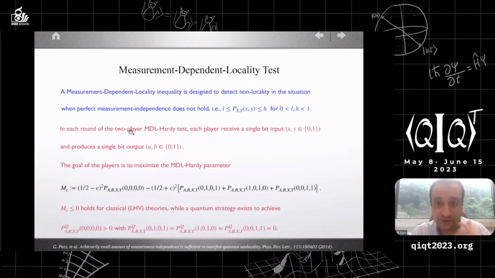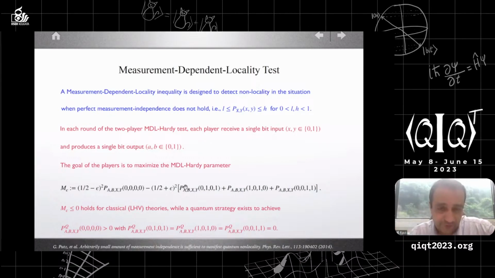So in each round, each player receives a single bit input x, y in {0, 1} and produces a single bit output a, b in {0, 1}. And the goal of the players is to maximize this MDL Hardy parameter, which is defined in terms of a joint probability distribution of outputs and inputs, like so, with H being half plus epsilon and L being half minus epsilon. So that's the definition of the parameter that we're going to test.